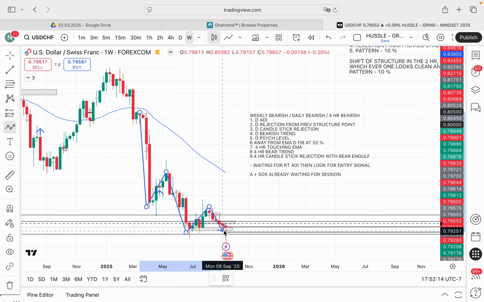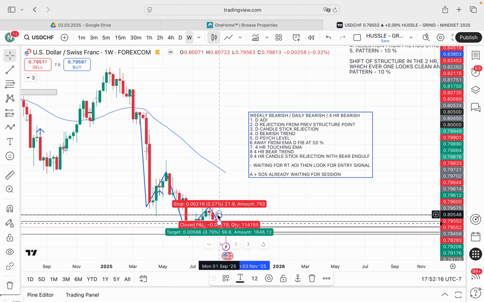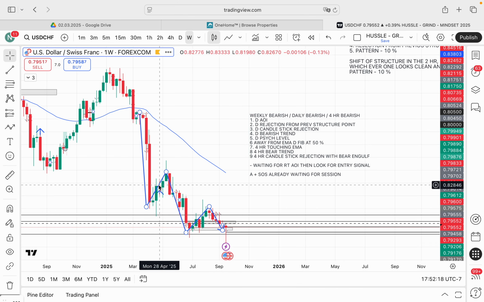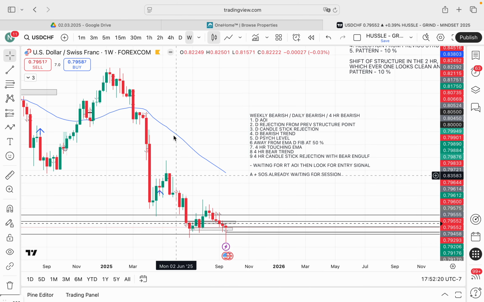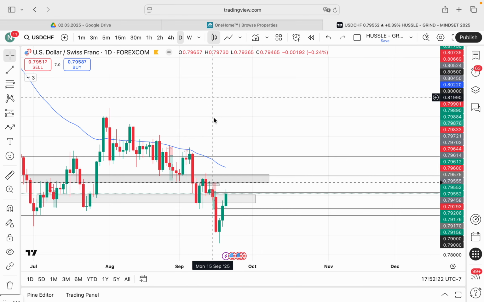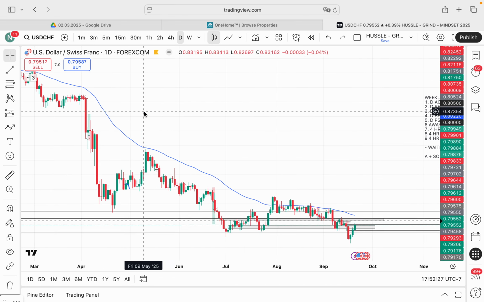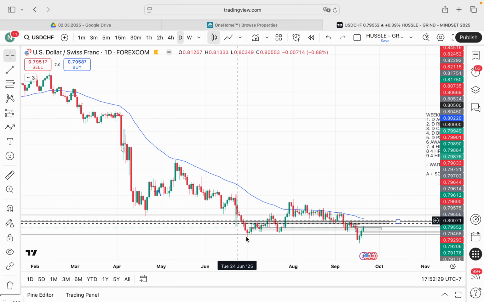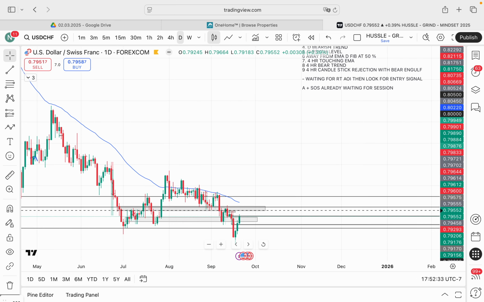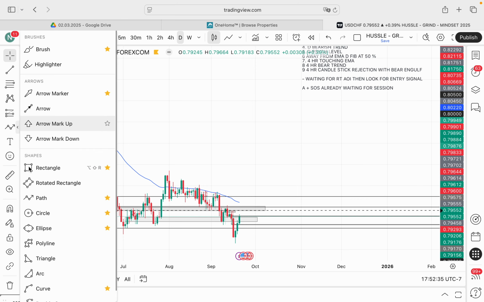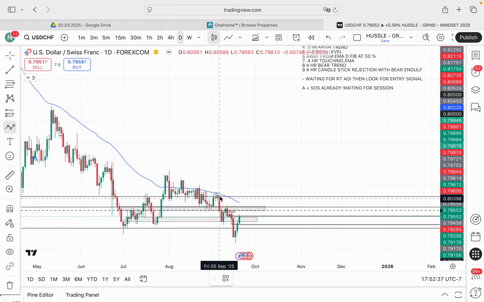I was selling on the bottom of the weekly lower low, but when I see it on the daily time frame, it is bearish as well. Lower high, lower low. We're at the market structure. So I saw this perfect market structure move. So I saw this bearish engulfing, right?